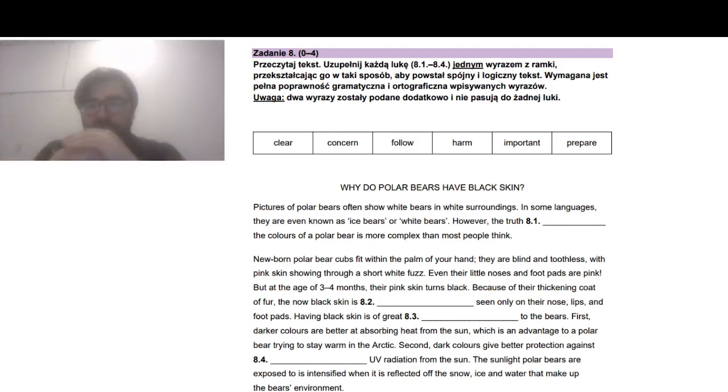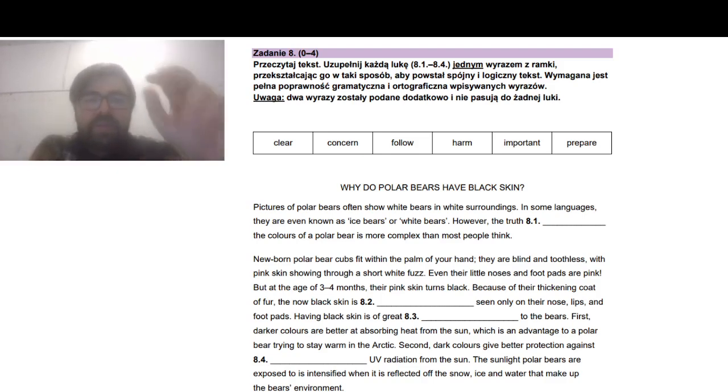Before you start, I have a couple of pieces of advice. First, before starting to read the text and everything, read these words from the box and translate them in your head, and try to understand what each of them means, right? And also which part of speech each of them is.